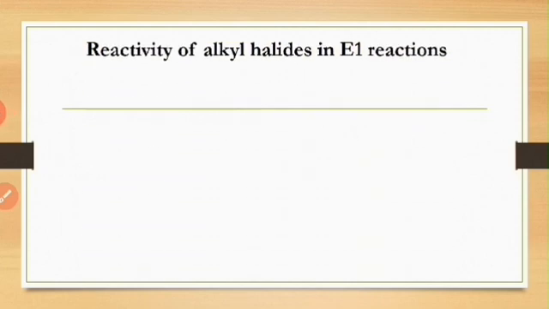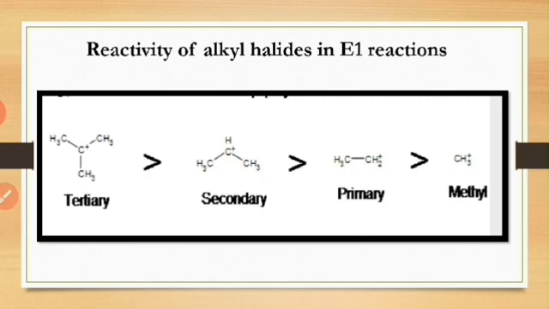Next, reactivity of E1 reactions. In E1 reactions, as carbocations are formed as intermediates, these carbocations are favored in the order tertiary, then secondary, then primary, and then methyl.